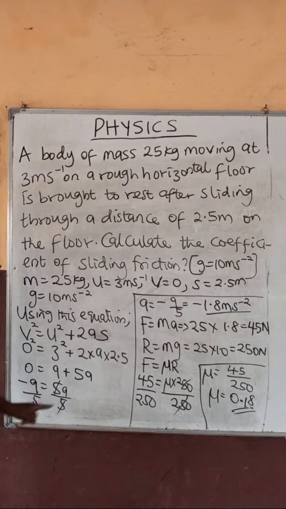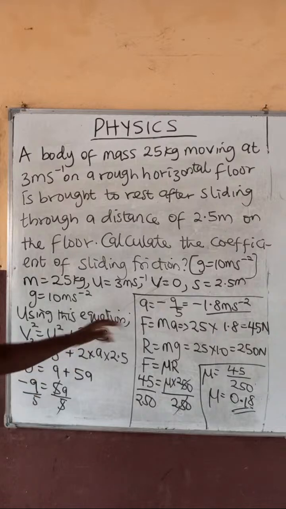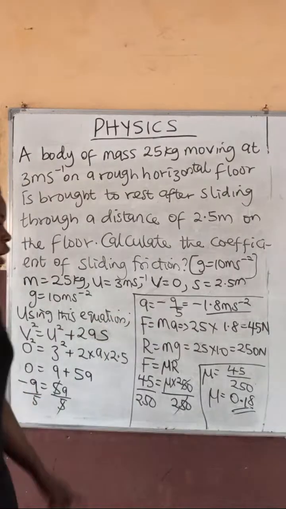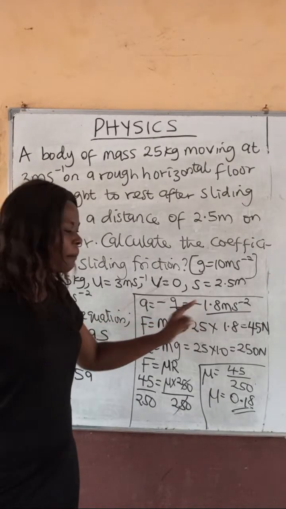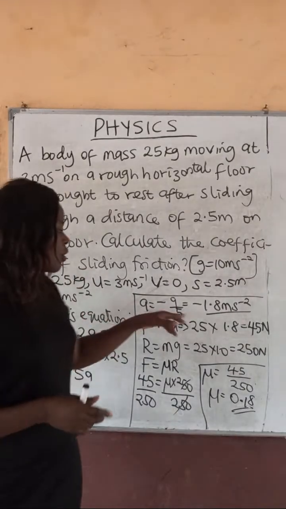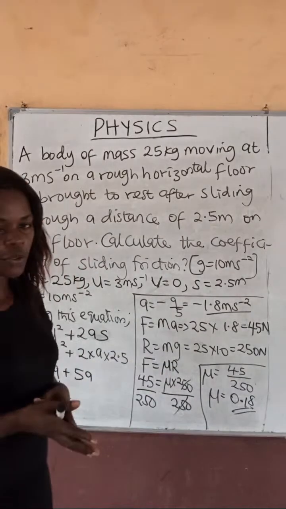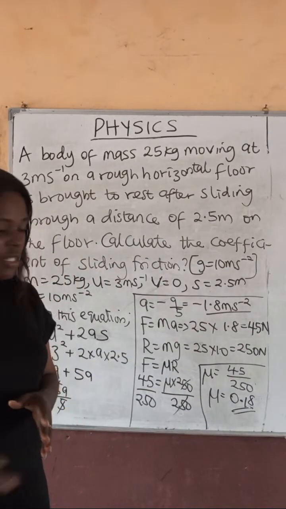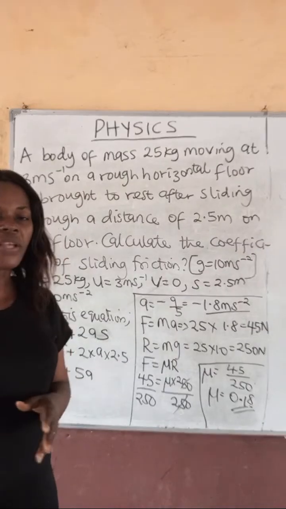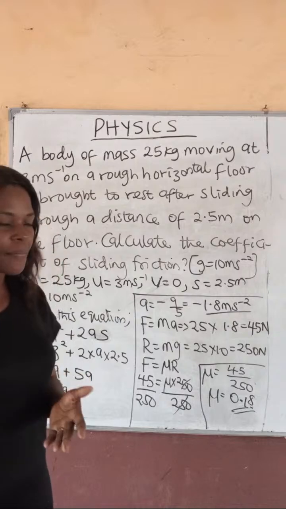I divide both sides by the coefficient of A, which is 5. Then A equals minus 9 over 5, which is minus 1.8 meters per second squared. The negative sign means it is a deceleration, which means the velocity decreases with time.